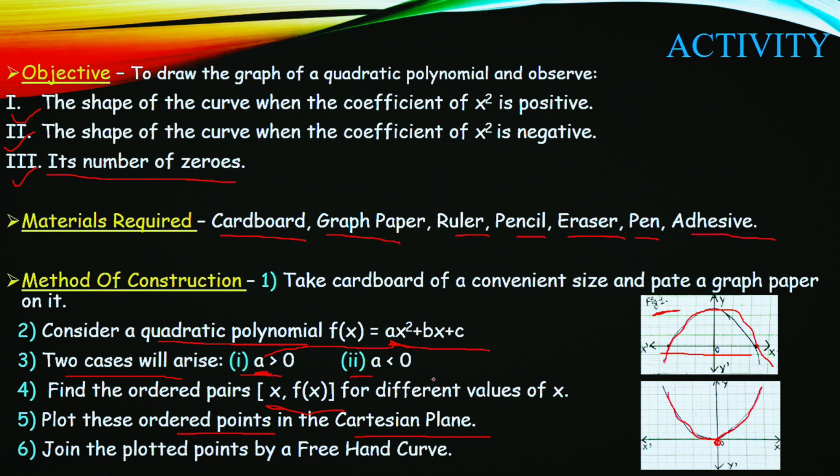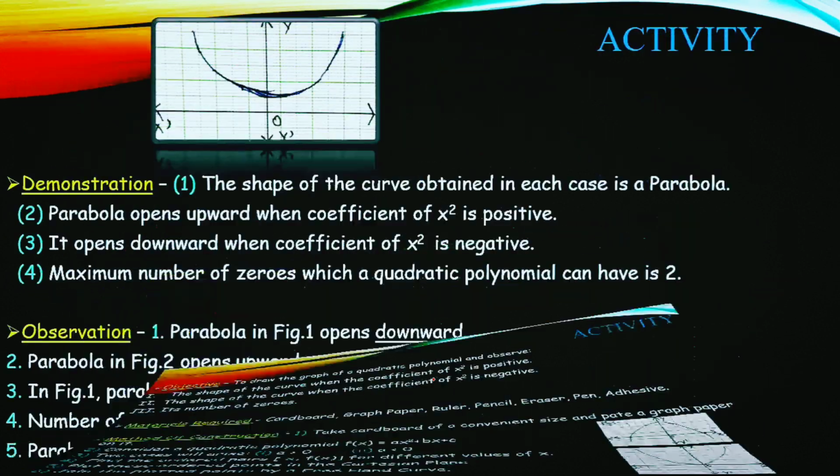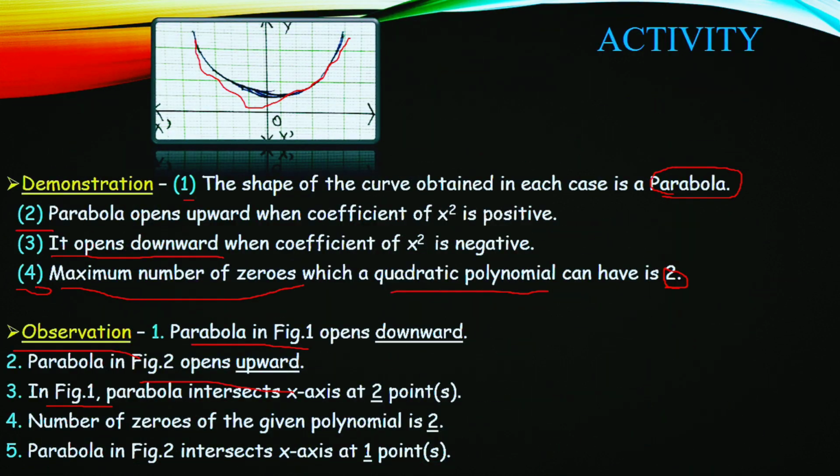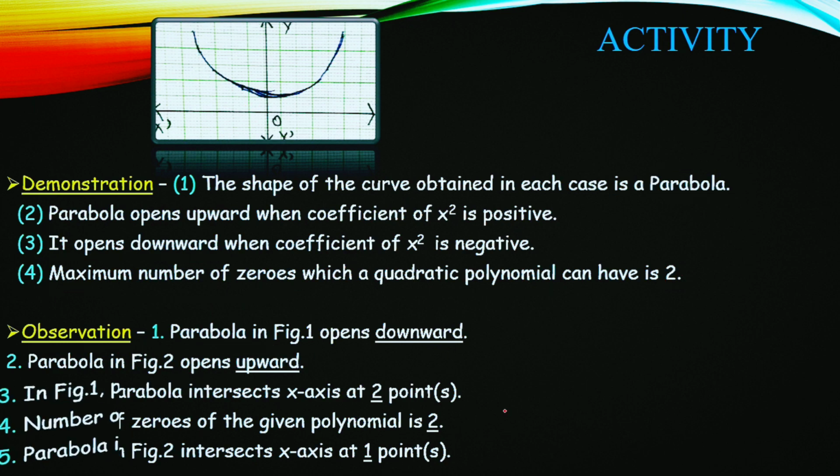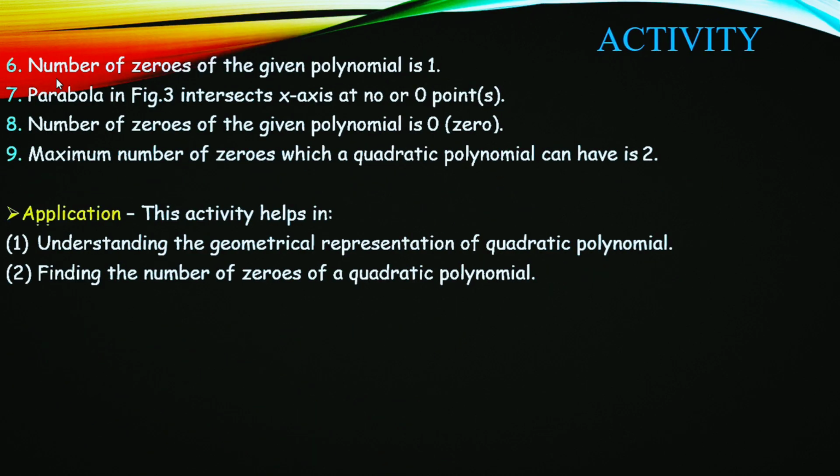So if there is only 1 point on the x-axis, it means the zeros of this quadratic polynomial will also be only one. So the number of zeros in the given polynomial is 1, because in figure 2 it intersects the x-axis only at 1 point.